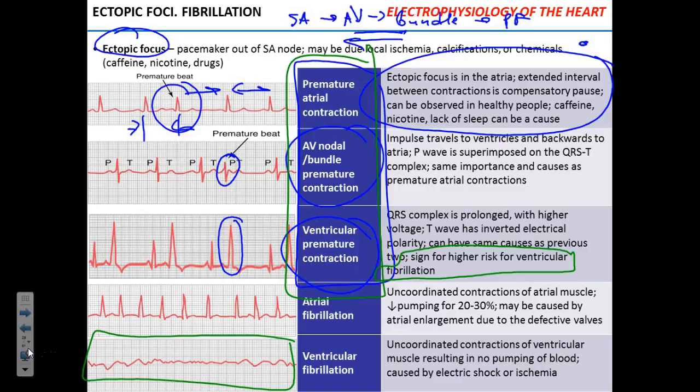Now you notice that I didn't mention atrial fibrillation yet. Okay, so in atrial fibrillation, you pretty much do not see any P wave at all, and you see quite erratic changes between the QRS complexes. So in atrial fibrillation, what happens is the muscle of the atria contract erratically and don't really contribute to the pumping of blood. But it turns out, how to say, it's not that important.